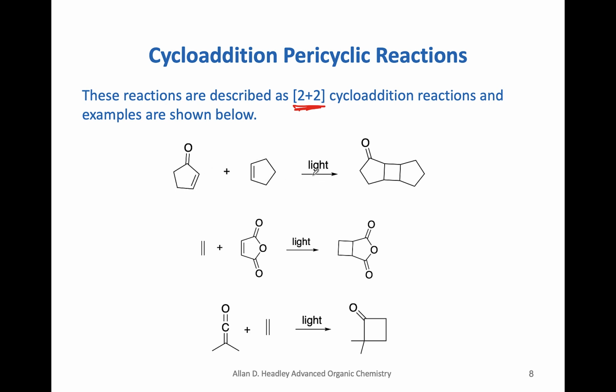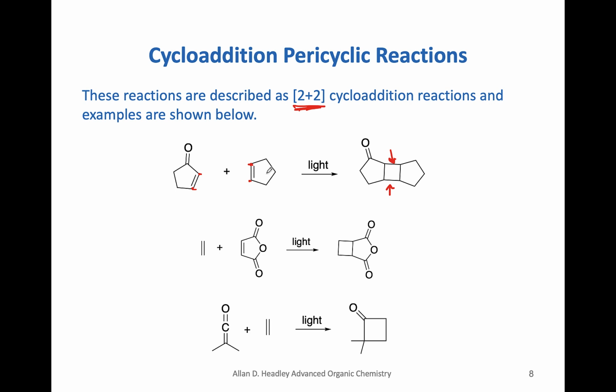In the presence of light, we'll have an excitation to make sure that the symmetry is allowed, and it will form a bond between this carbon and this carbon, and this carbon and this carbon. Here are the new bonds that are formed from the pi electrons.